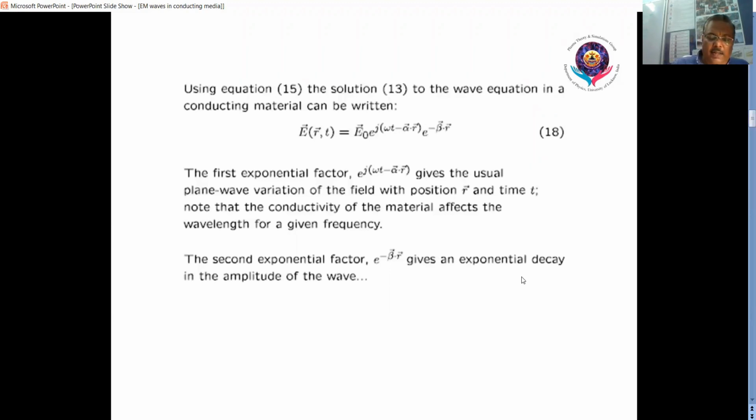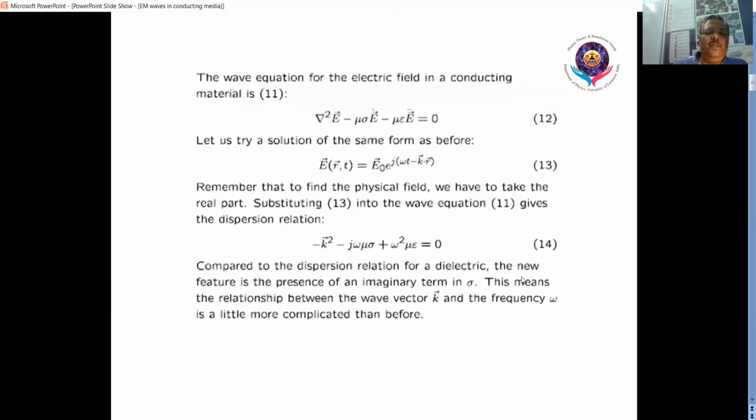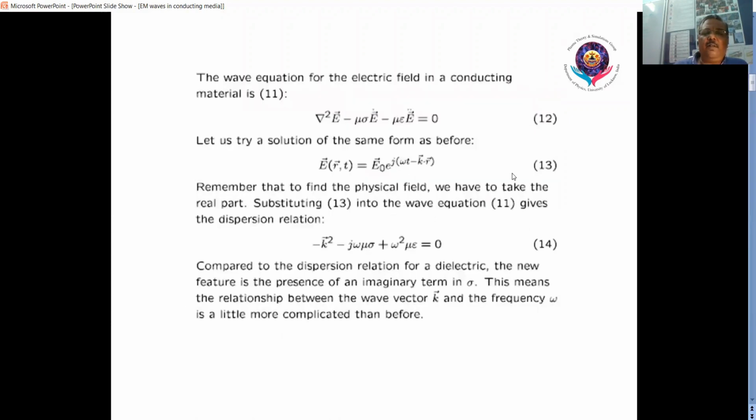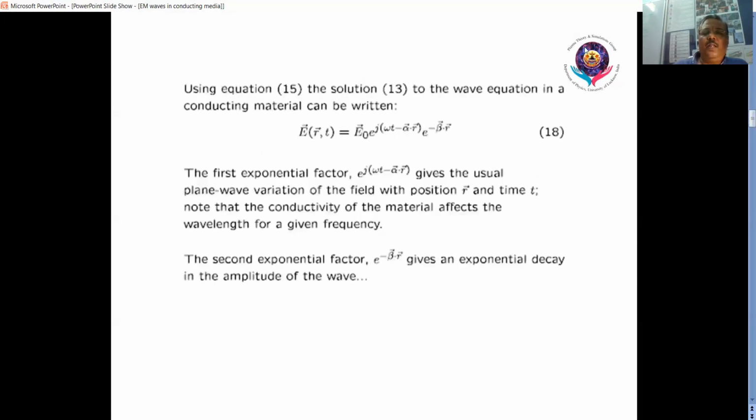The electric field, like I said, K is a complex quantity. And if we substitute this value of K given by equation 15 into the electric field as represented by equation 13, we can say that the electric vector now takes the form represented by equation 18, where we have two terms.